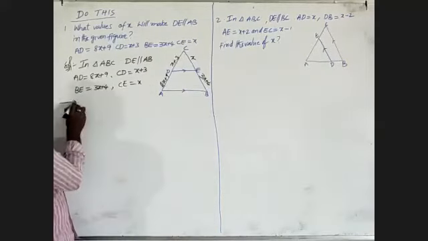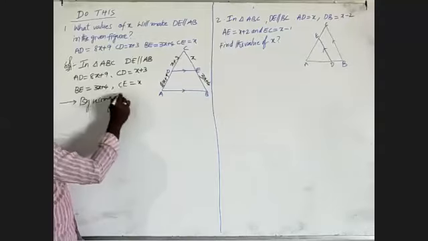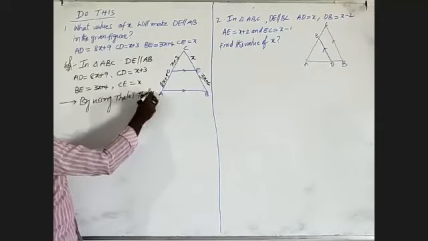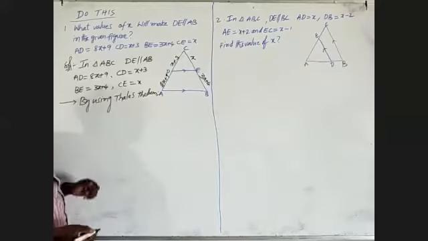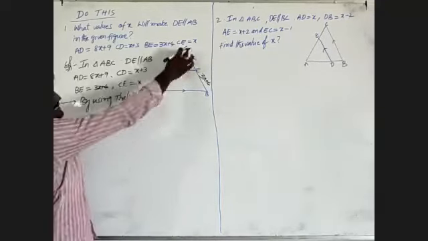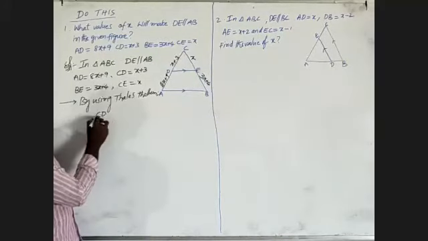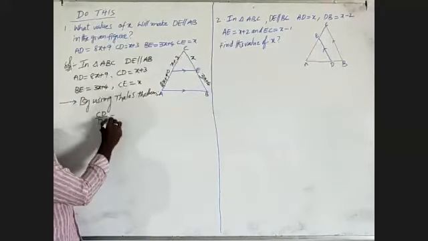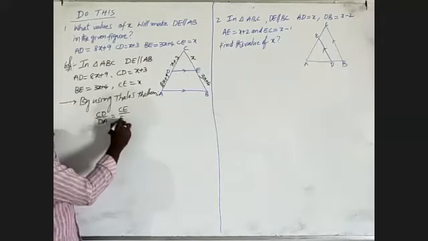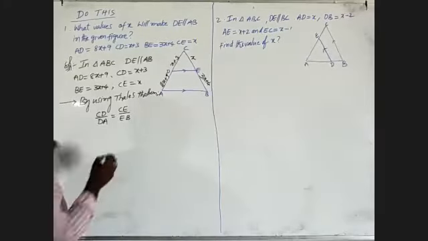Here, by using Thales theorem, what is Thales theorem? How to write it in this one? CD by DA will be written as CE by EB. How to write it in this one?